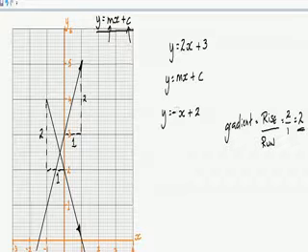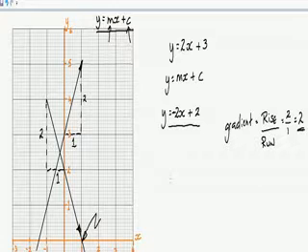So it will be minus 2x plus 2 because the line is going downhill. So that's the equation of this line.